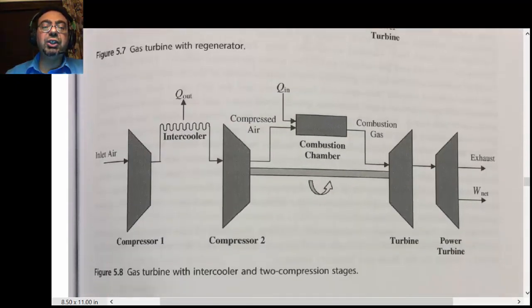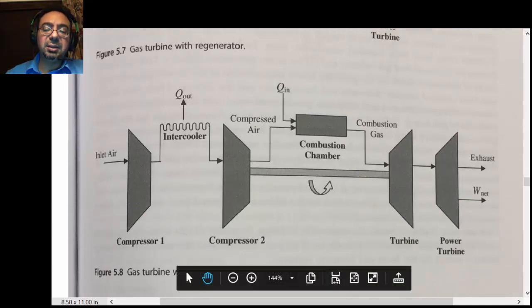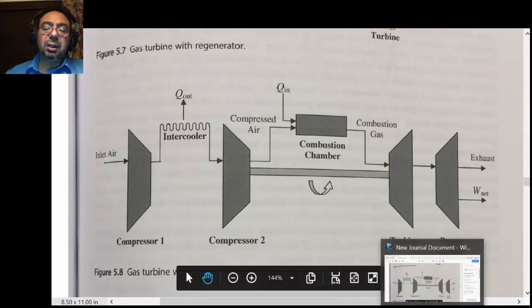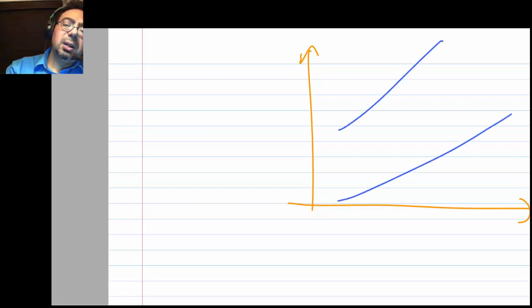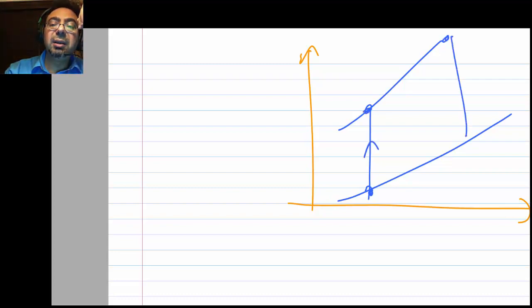The second modification is using an intercooler in the compressor. So why are we doing this? You will be surprised to know, or maybe you already know this, isentropic compression is not really the best compression.